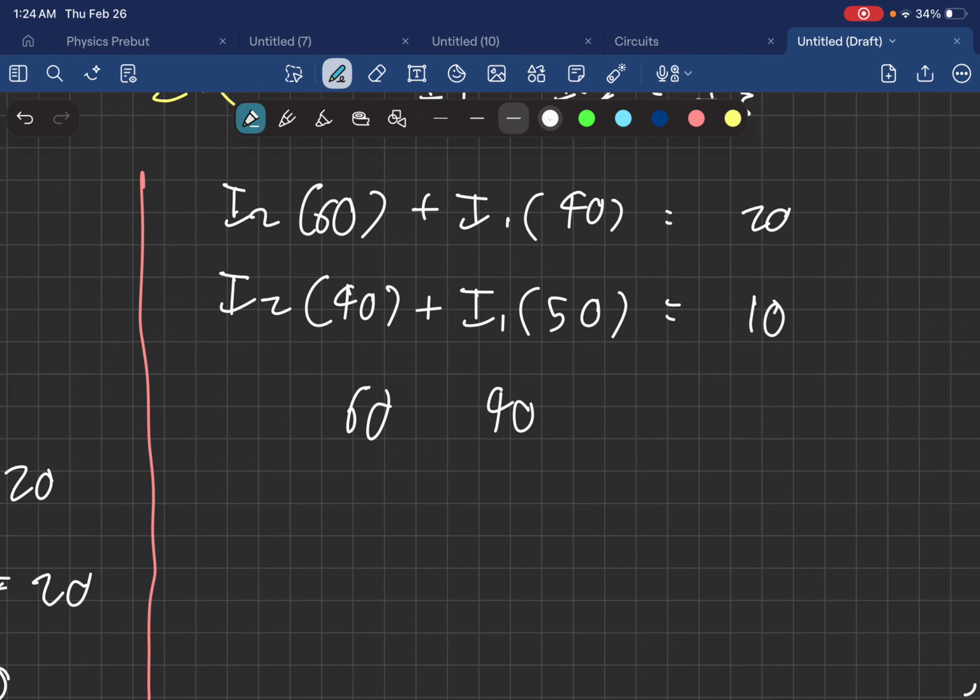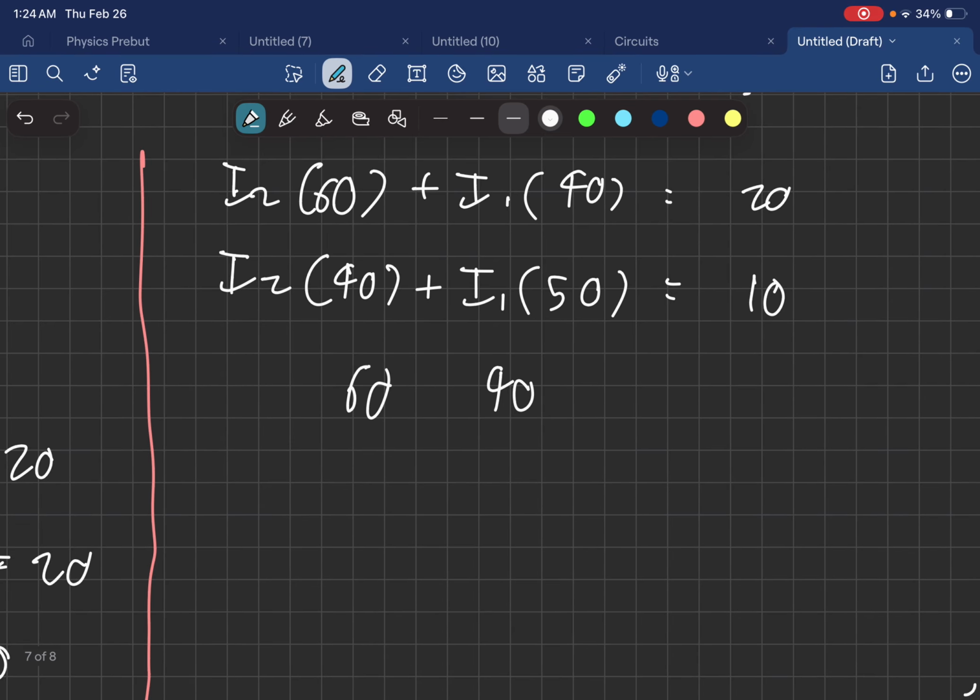The lowest common multiple is 240. 60 needs to be multiplied by 4. 40 needs to be multiplied by 6. You see where I'm leading with this? So now we have 240 and 240. Of course, if you subtract, 0.